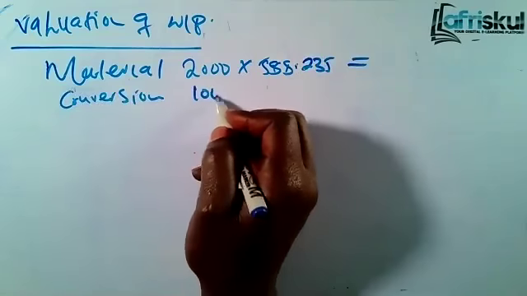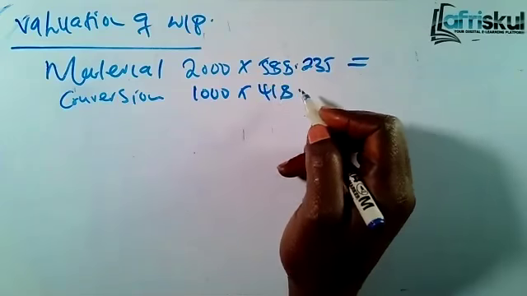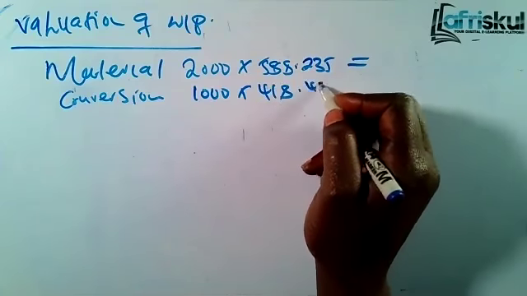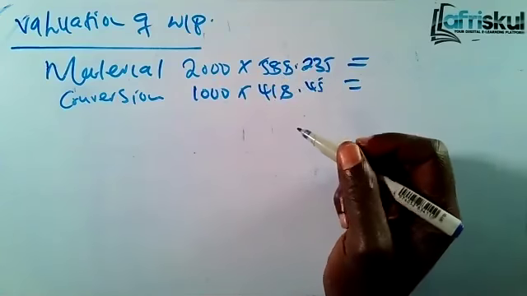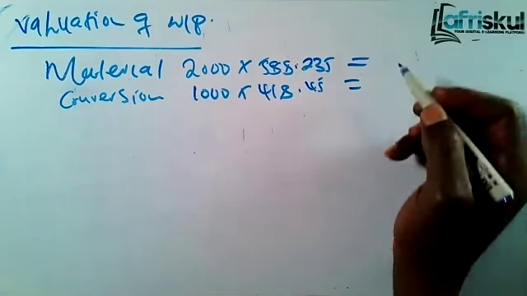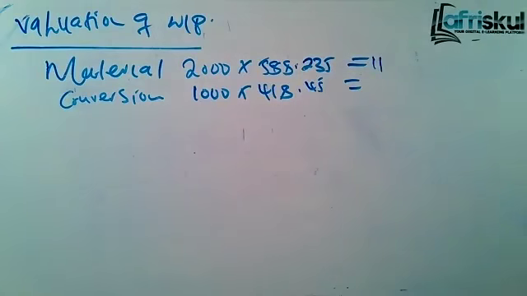Conversion was 1,000 units, valued at 418.4545. So when you multiply 2,000 times this one, what do you get? You get 11,000. So we can multiply together.